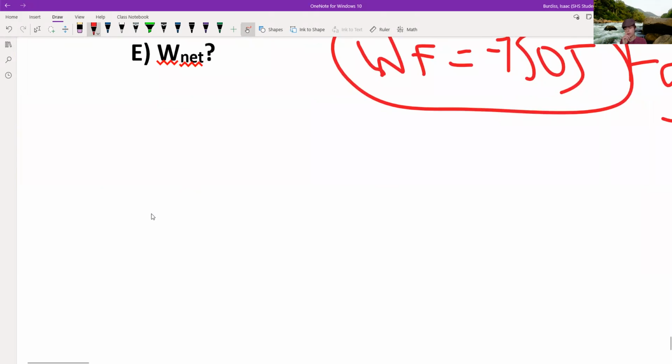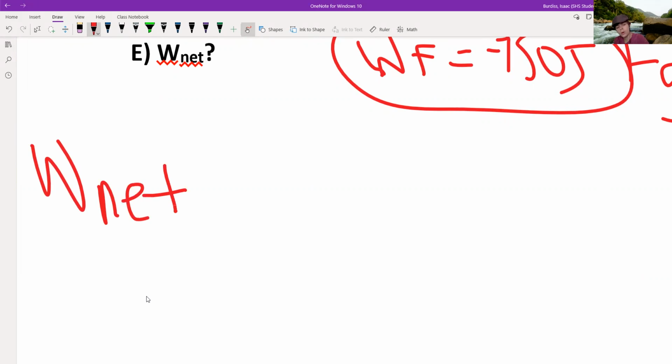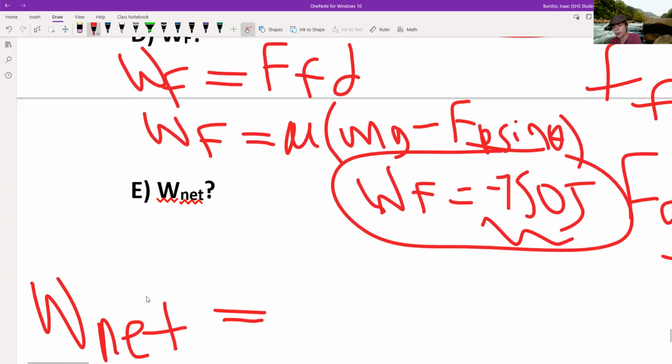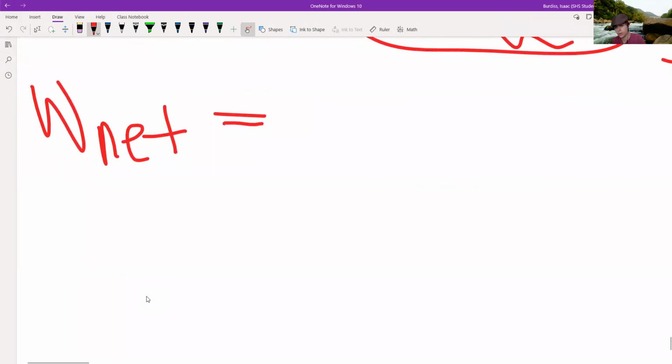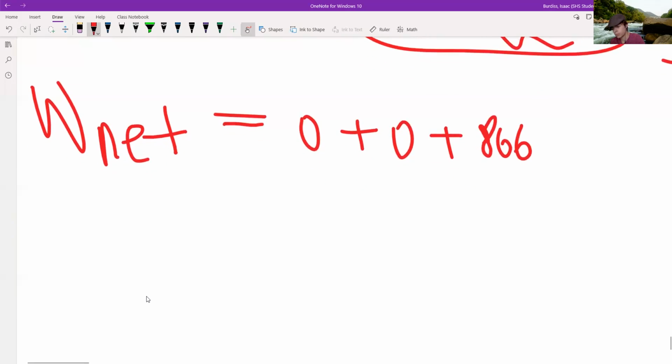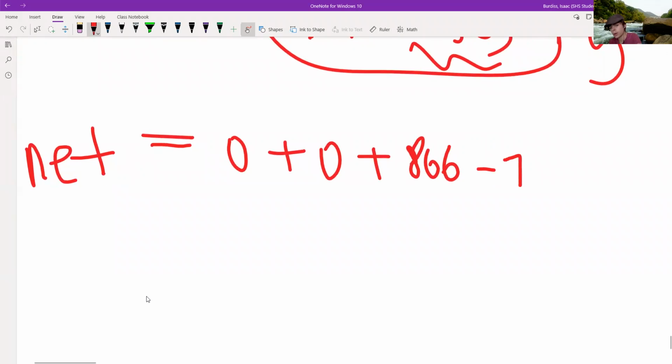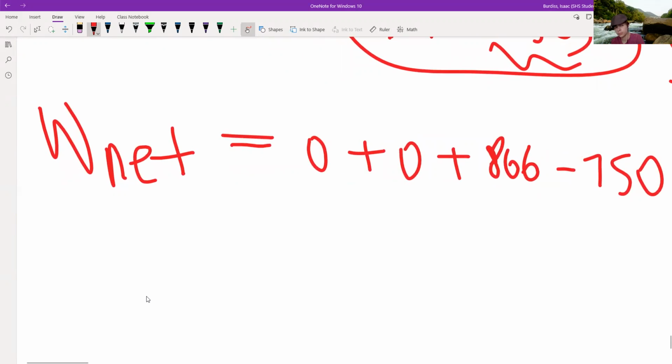So what is the net force? Or sorry, the net work. The net work is when you combine all the different works that there are. So we had, and this is negative, by the way, because it's friction to the left, because it's opposing the motion, 0 for normal, 0 for gravity, 866 for applied, and then minus 750 for the friction.